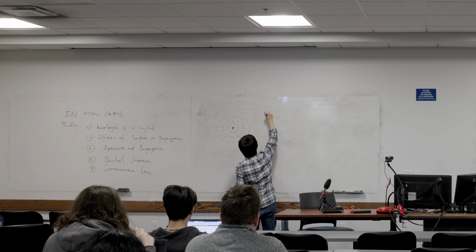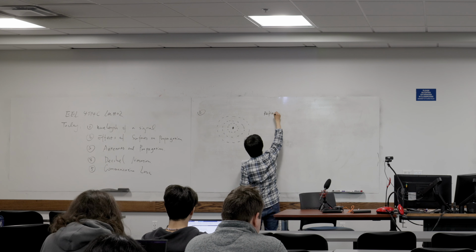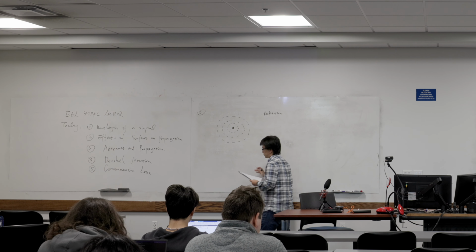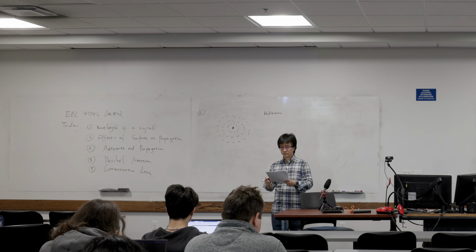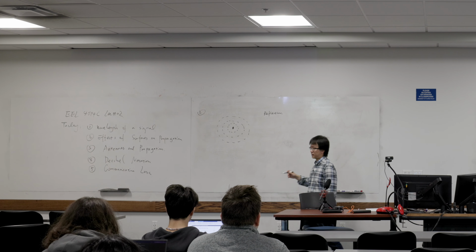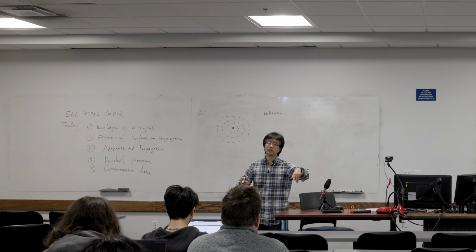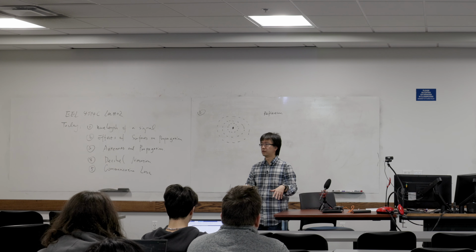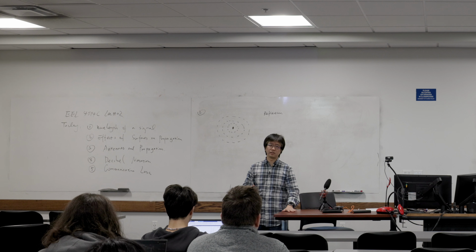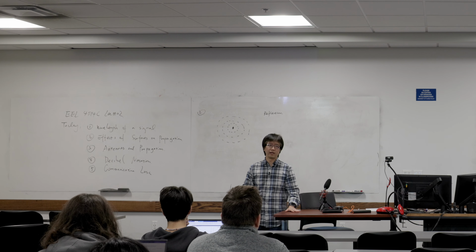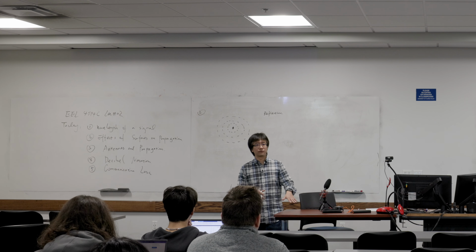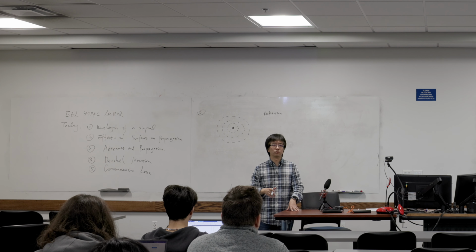reflection. Basically, reflection is when the wave touches something and then reflects, right? When will this happen? This will happen when the surface is relatively smooth. In other words, when the features of the surface are much bigger than the wavelength.